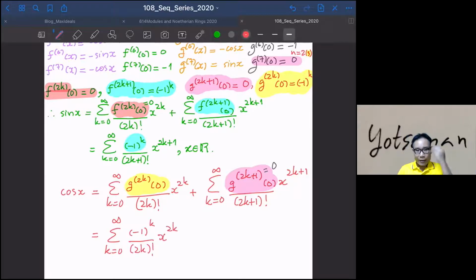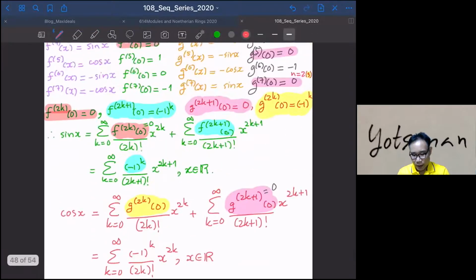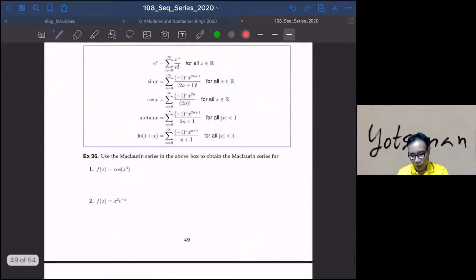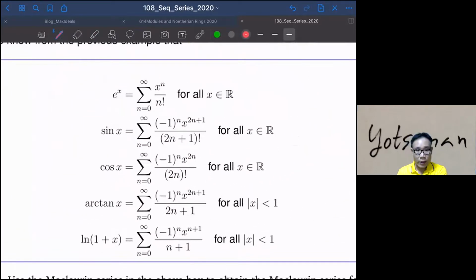Okay, so that's it actually. So x is a real number. So you have the power series for sine and cosine respectively in this form. And you're going to have other formulas. So we conclude everything for you.